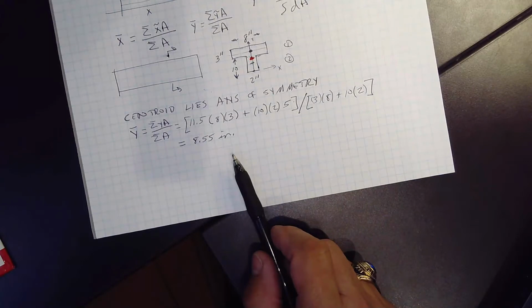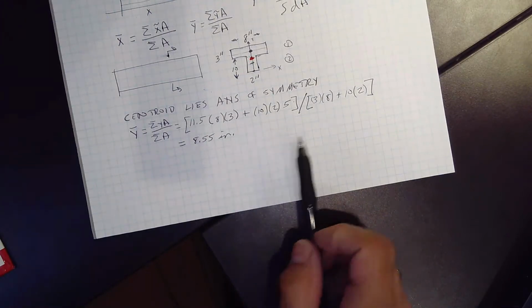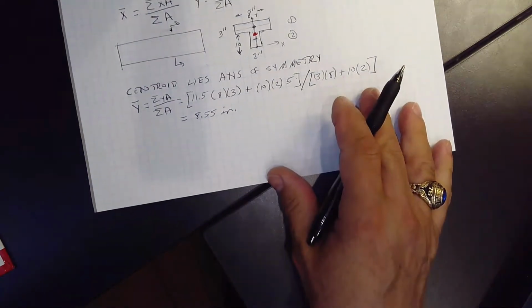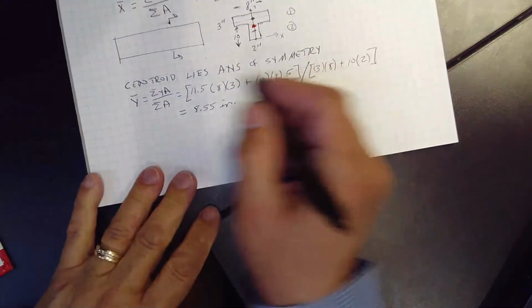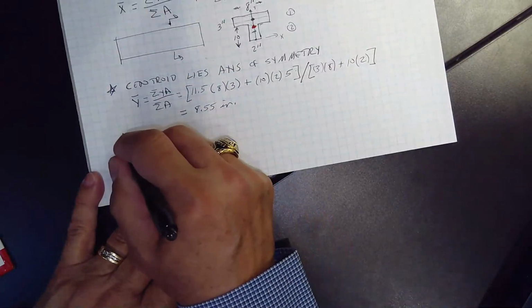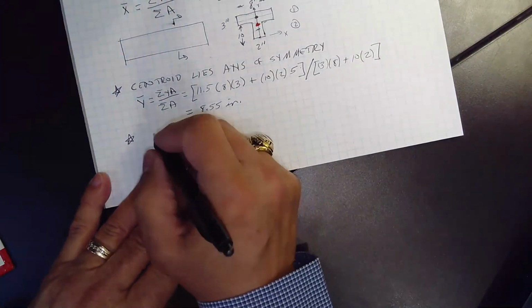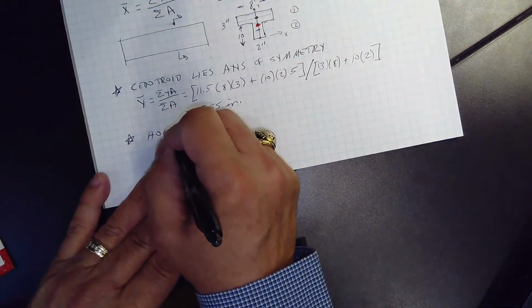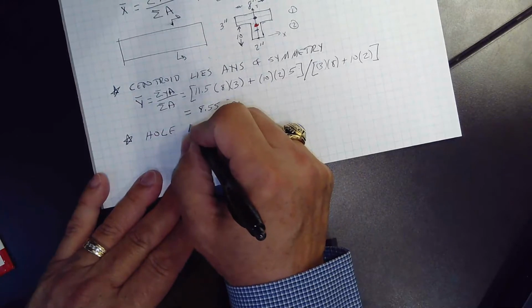And that's how you find centroids. Now, you can also do it the other way. What I mean by that is, another technical term thing is that holes, right, are negative.